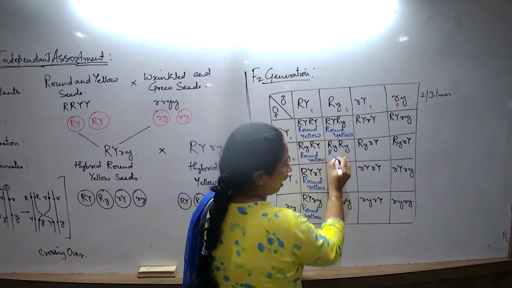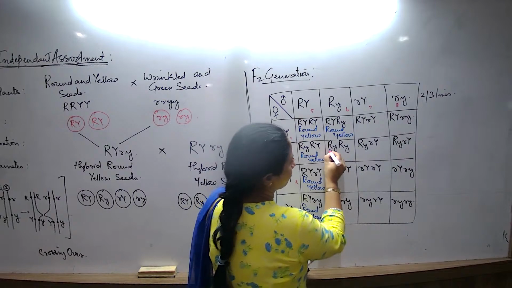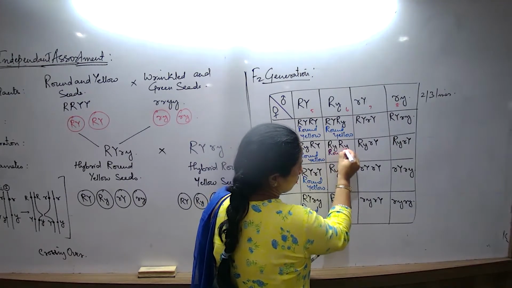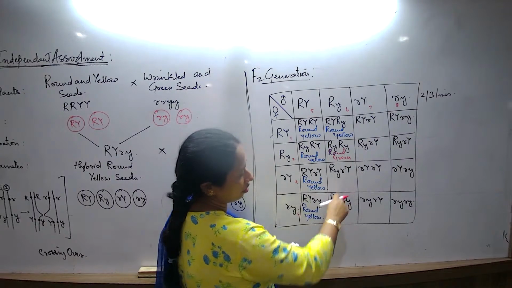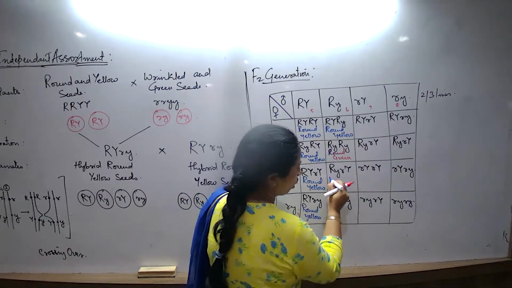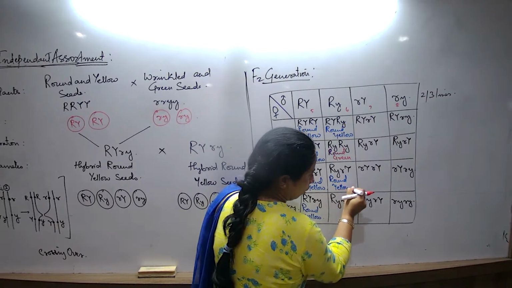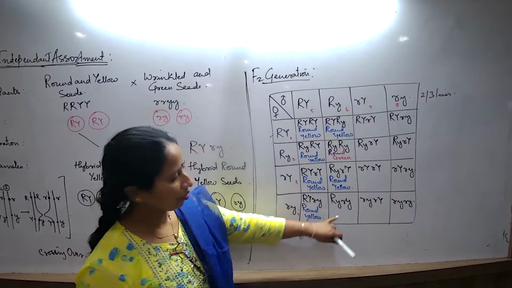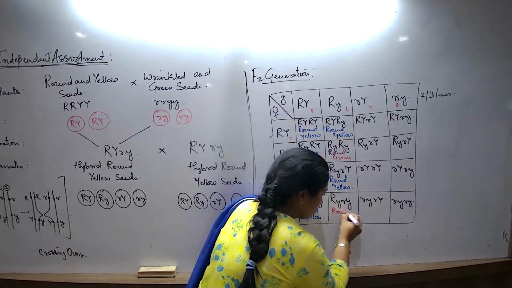What do I write here? Round and green. I write round and green. What do I write here? Round and yellow. What about this one? Round and yellow.